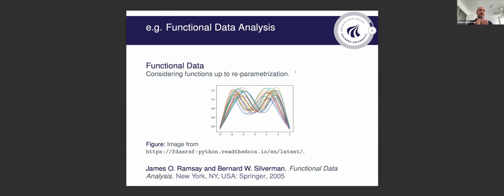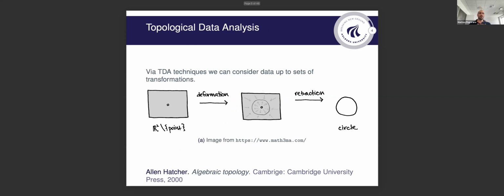But we would like to be able to stretch them, to shrink the domain of the functions, so also the graph of the functions, without the results of our analysis changing. Topological data analysis provides a lot of pipelines that can do such things, mainly because it is built upon ideas, definitions, and objects from algebraic topology, which extract information from topological spaces, which are indeed invariant up to a huge set of transformations of the topological space.